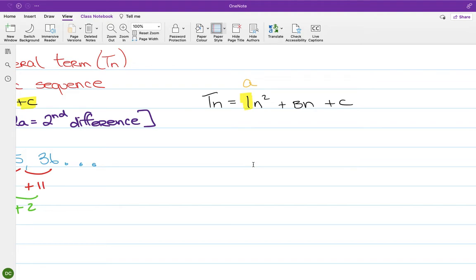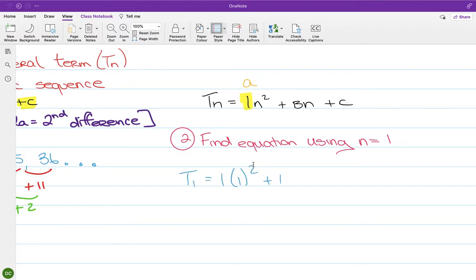Okay, so step 2, we're going to find an equation using n equal to 1. All right, so we get T1 is 1 times 1 squared plus b times 1 plus c.